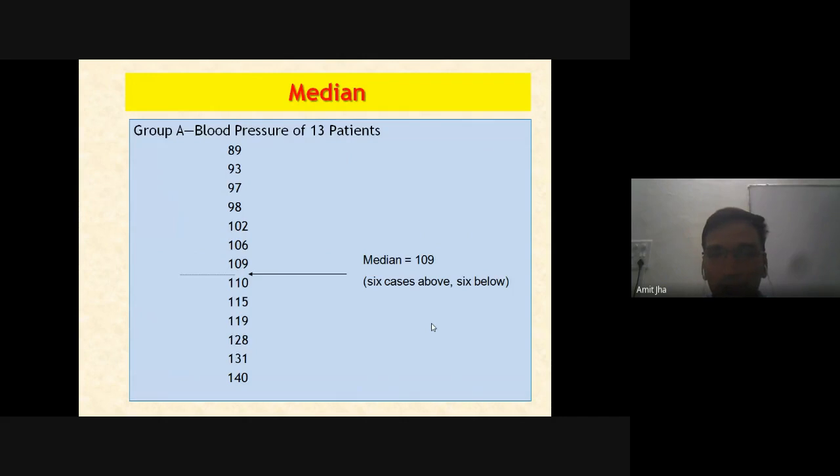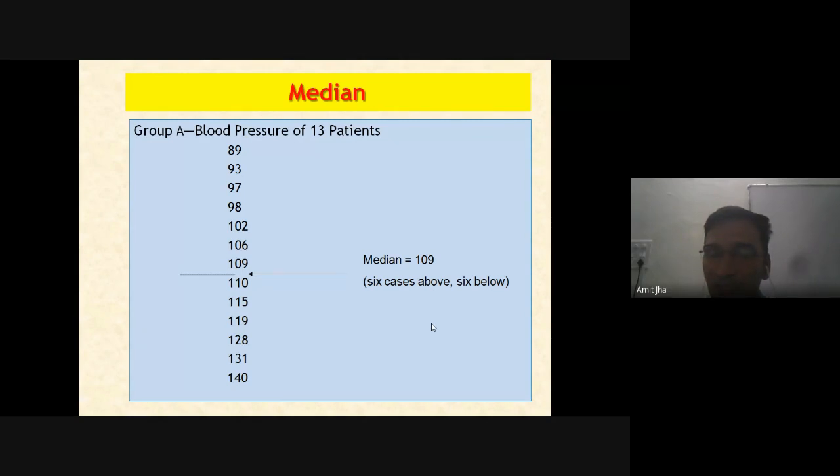And one of the important things to be noted here is that, unlike the mean, the median is not affected by the outlier. For example, say instead of 140, if it had been 1 lakh, then also the median would have been the same, that is 109.